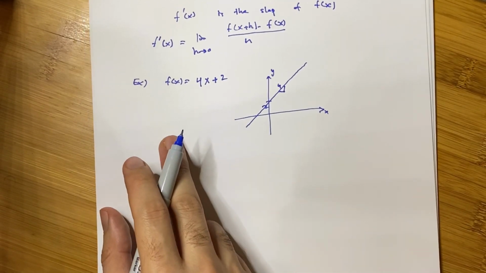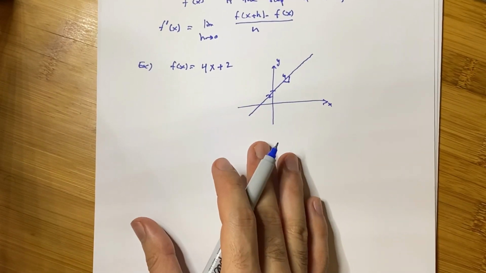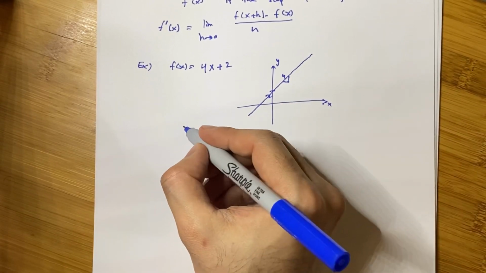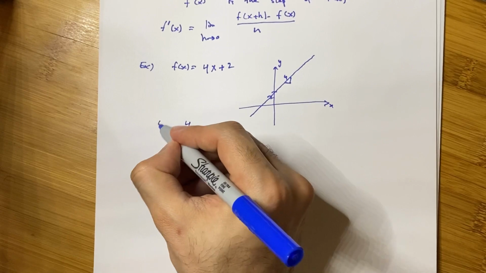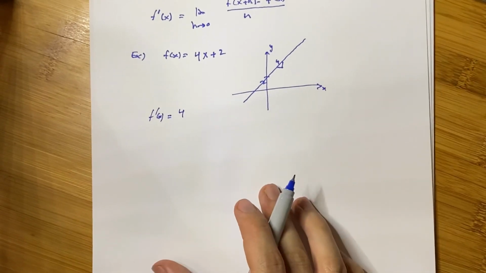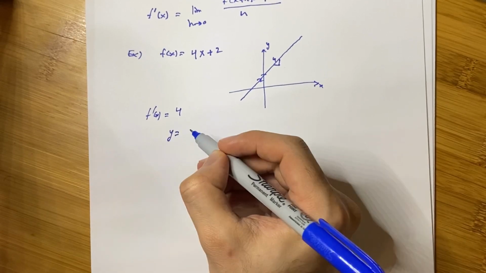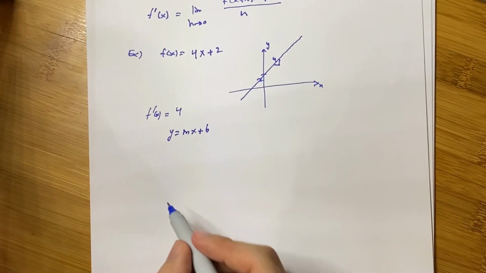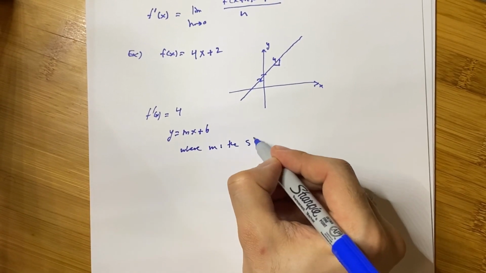So, what we have in here is that as we define the derivative as a slope, what is the slope here? The slope is just 4, and that should be our derivative. Why? Because when we use the linear formula, mx plus b, m is the slope.